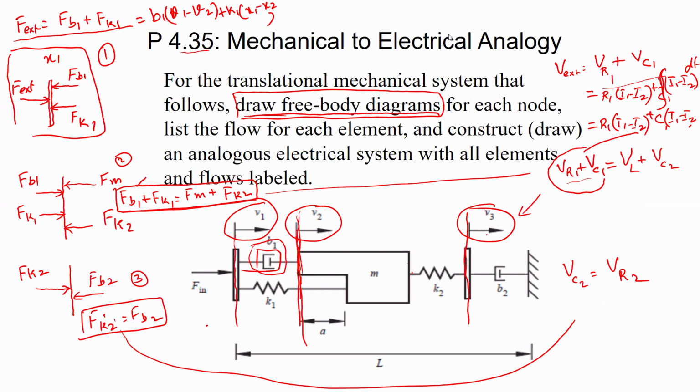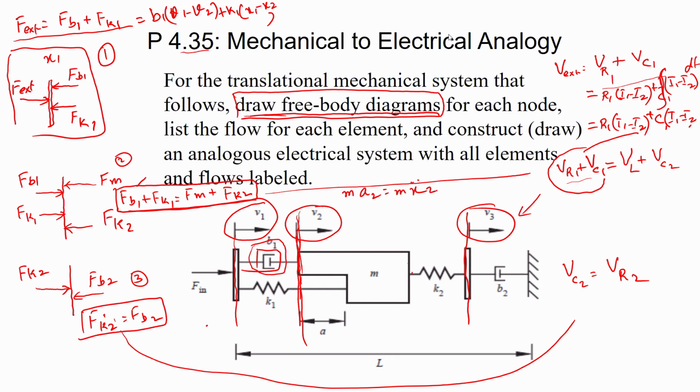It is not connected to node number 3. So FM is nothing more than M A2, or we could put M X double dot 2.